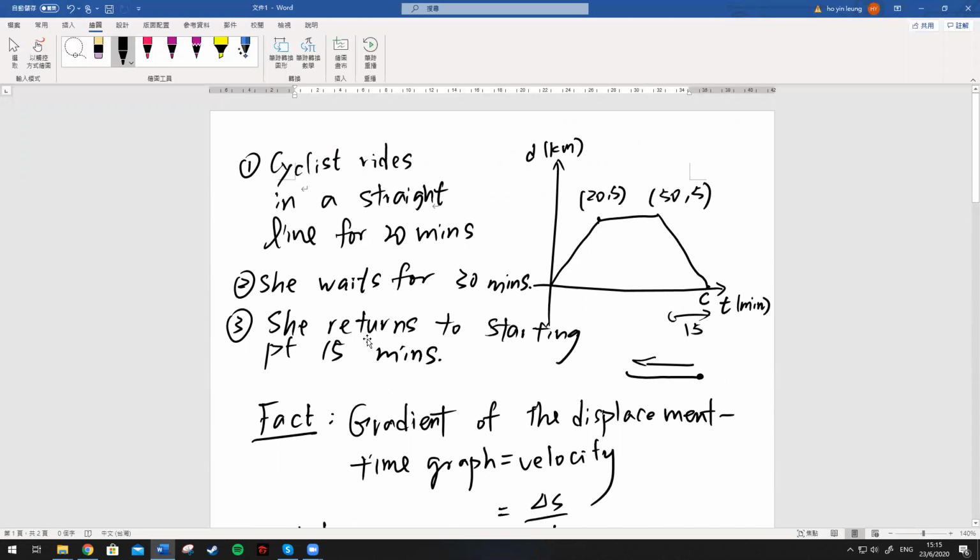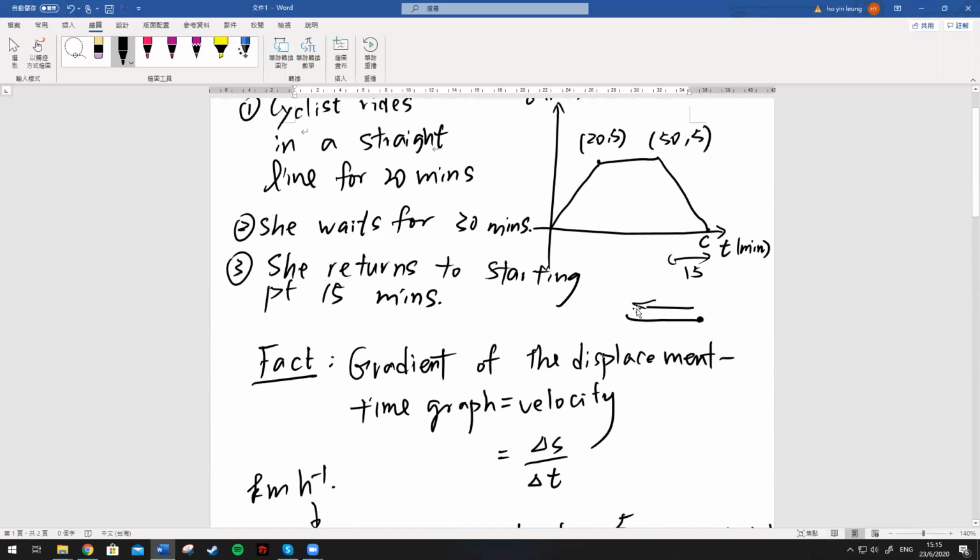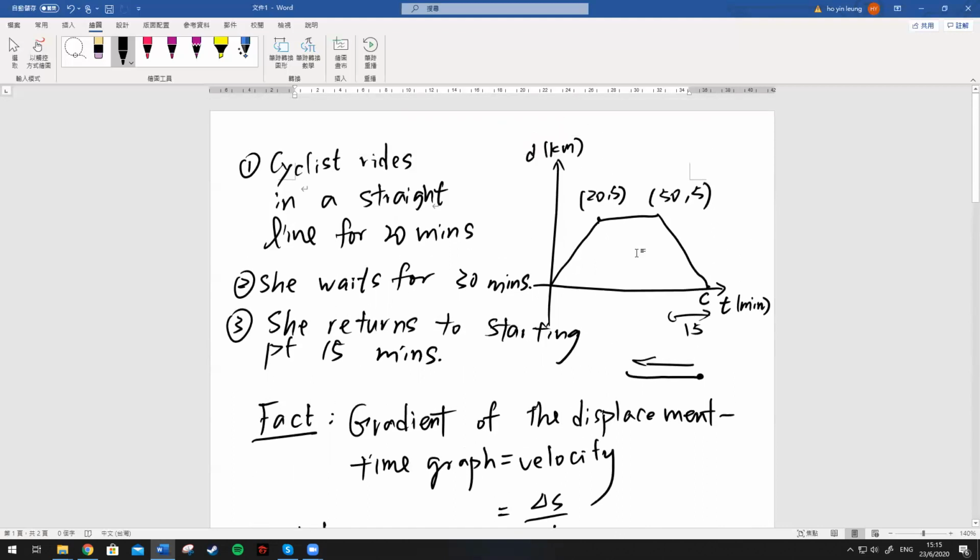Okay, so actually it's not that difficult if you have a displacement time graph, because if you think about this picture, it is starting from here and then goes to this position and then it goes back, right? So that means it's 10 over 65.